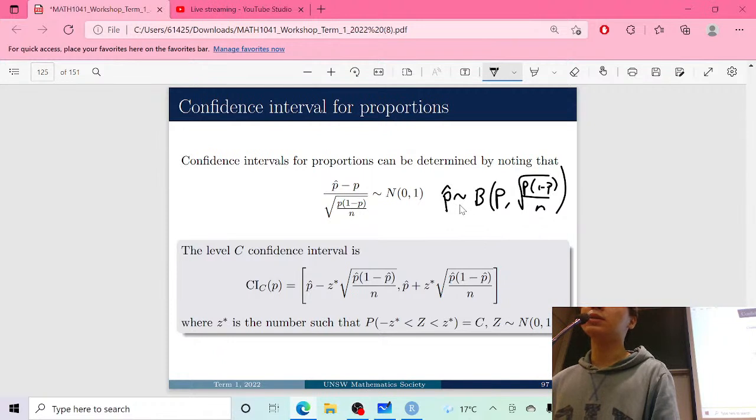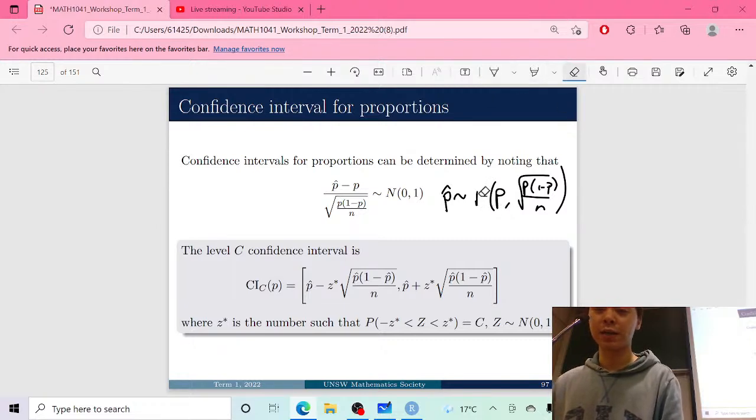And similar to how we standardized from before, we can do the same thing here. We can approximate this using exactly the same parameters, but instead of a binomial distribution, we can look at a normal distribution as well.